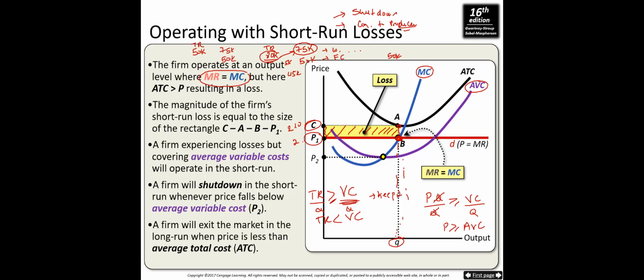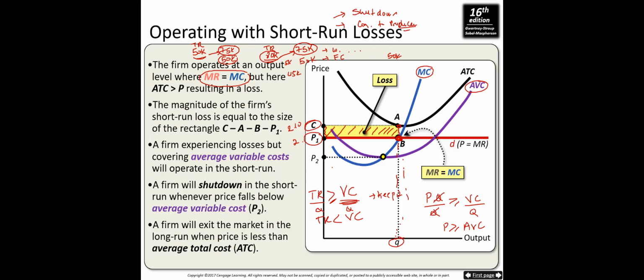If you keep the business open, that revenue cannot cover all of the variable costs, so you have to pay 25K from your pocket plus 50K fixed cost, a 75K loss. But if you shut down, you only pay 50K. So if your revenue is less than your operational cost, which is variable cost, then definitely you should shut it down. That is the idea.